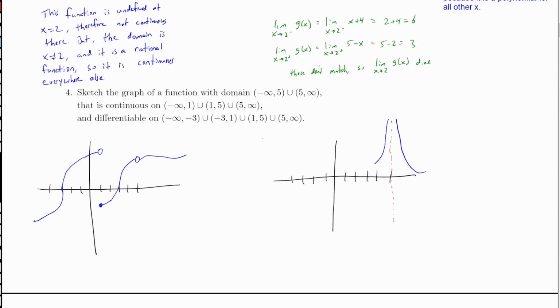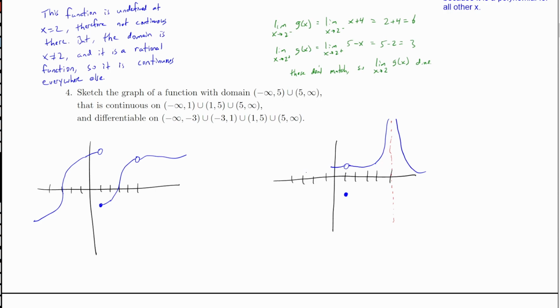Okay. At x equals 1, it needs to be defined, so I could have instead of a jump, I could just have a hole in the graph filled in at another point.